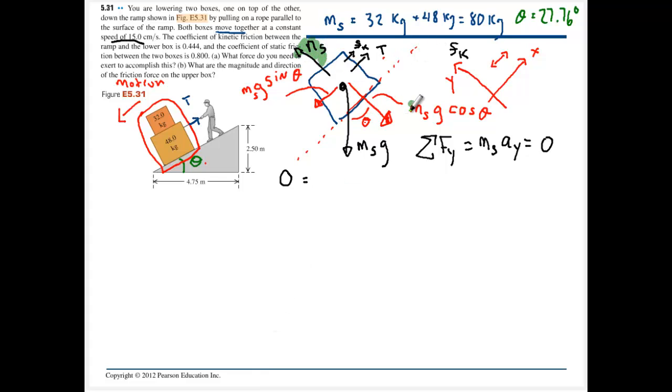Here I have my normal force, and I have my y component of the weight. So I have my normal force upwards minus mass of the system multiplied by gravity cosine of theta. So I've simply solved for my normal force now.